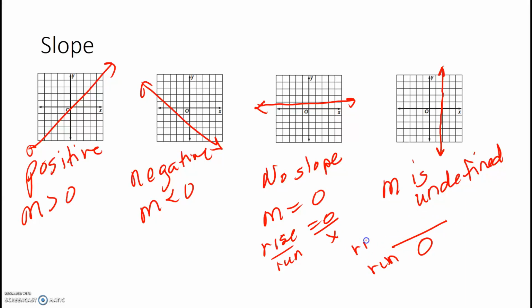Rather, all it does is rise for some value of y, and I can't divide by 0. That breaks the mathematical rule of no division by 0. So that's a quick review of the 4 lines we're going to be looking at.